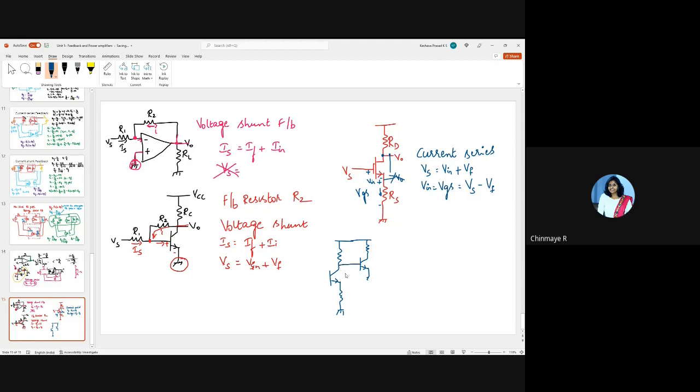This is the output voltage of the first stage. So let me call this Vs, and this is the output voltage of the first stage. The output voltage of this is fed as an input to the next stage. So let me name the resistors R1, R2, R3.